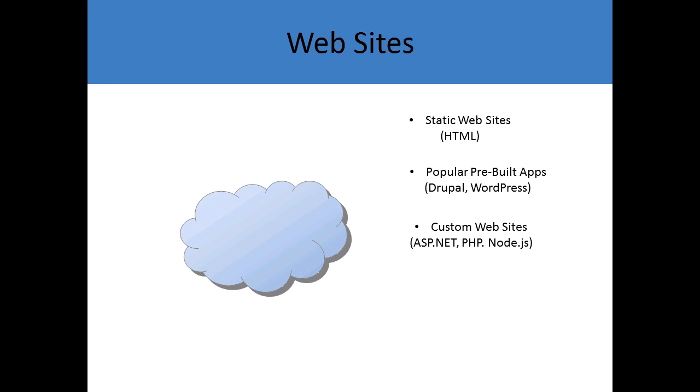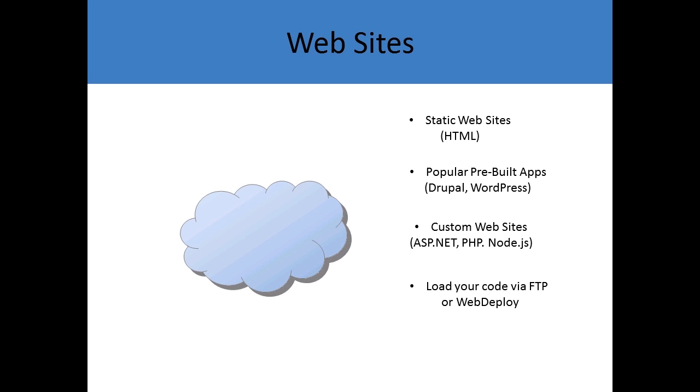And there's also custom websites, of course. Anything that you might be familiar with in terms of your design environment, ASP.NET, PHP, Node.js, anything along those lines is perfectly fine.